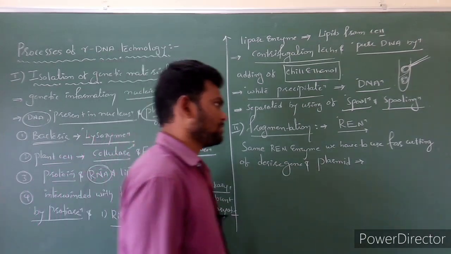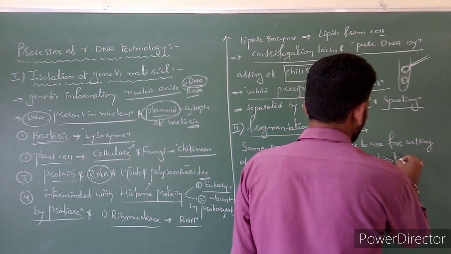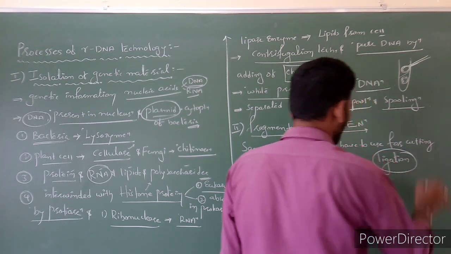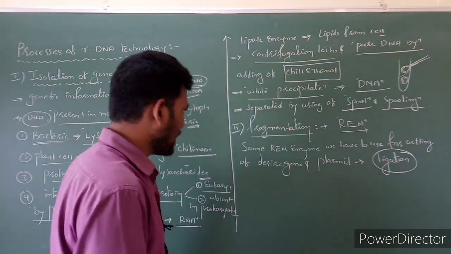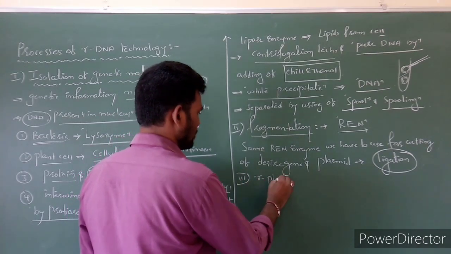Then only is ligation possible. Then it is easy for ligation. Now what do we have to do? Preparation of r plasmid.